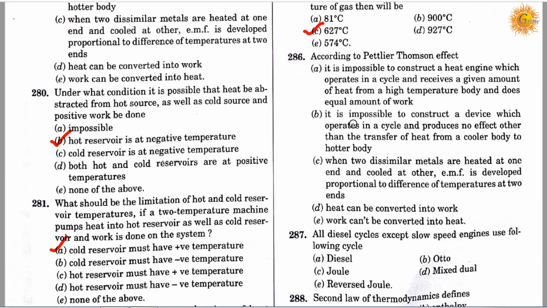Option B, it is impossible to construct a device which operates in a cycle and produces no effect other than the transfer of heat from a cooler body to hotter body. Option C, when two dissimilar metals are heated at one end and cooled at other, EMF is developed proportional to difference of temperatures at two ends. Option D, heat can be converted into work. Option E, work cannot be converted into heat. So correct answer is C.